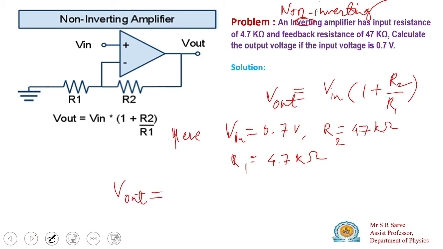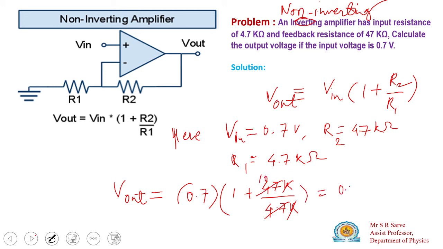Substitute these values in the equation. The output voltage equals 0.7 into 1 plus 47 kilo ohm divided by 4.7 kilo ohm. The kilo cancels, and 47 divided by 4.7 equals 10. So this is 0.7 into 1 plus 10, which is 11, and that equals 7.7.